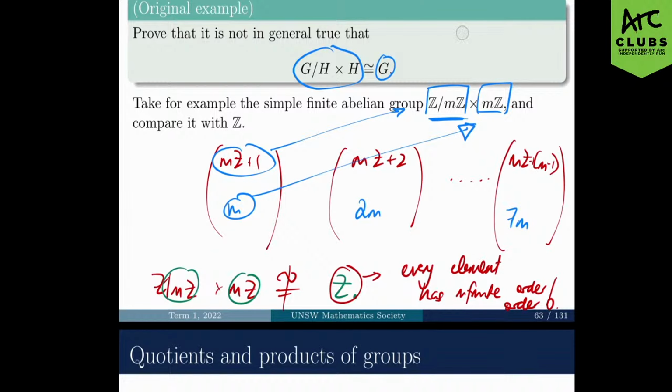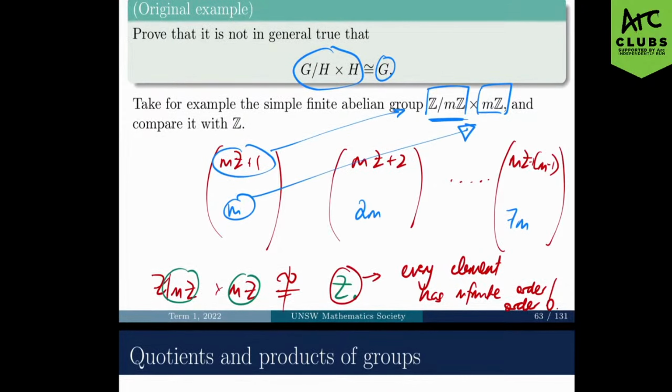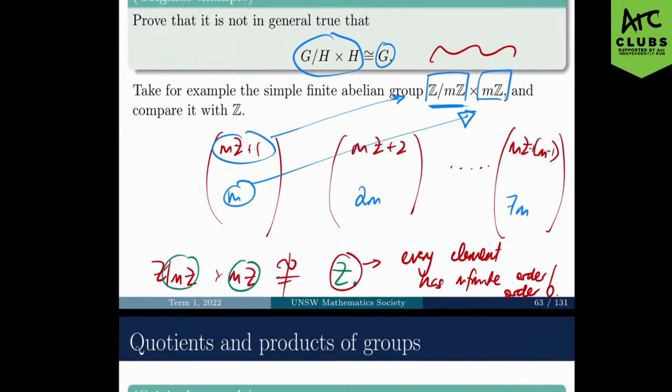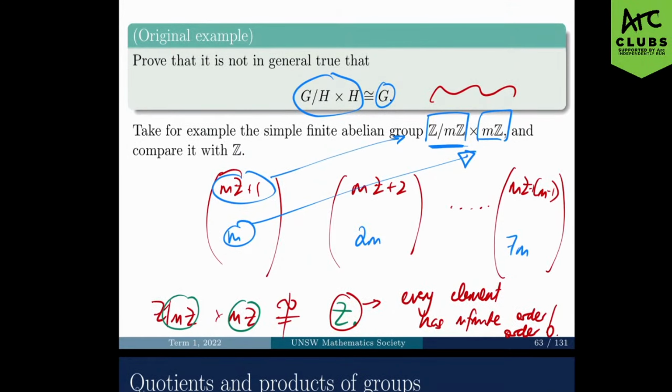So is this also true? Because if Z has no element of finite order, then if we can find an element of finite order in this first group, then we've shown that they're not isomorphic. So, for example, let's just take this. Well, MZ + 1, that actually has order M, right? Because if you add MZ + 1 to itself M times, then the 1s all add up and you get MZ.